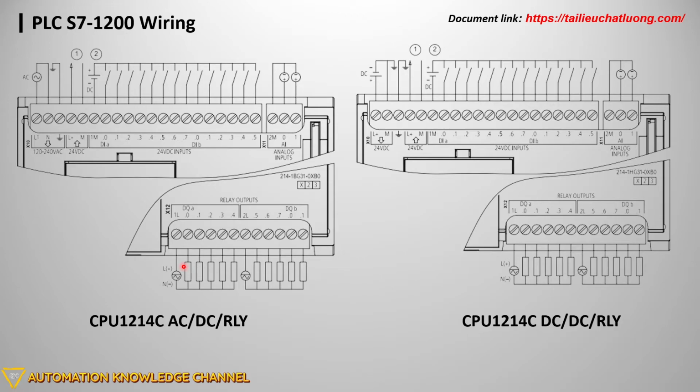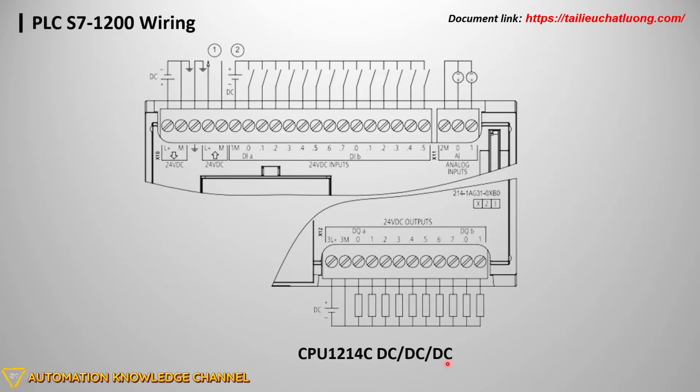With the relay type, you can supply AC or DC voltage, but with the DC type you can only supply DC. If you supply AC to the DC type, the PLC will be broken.